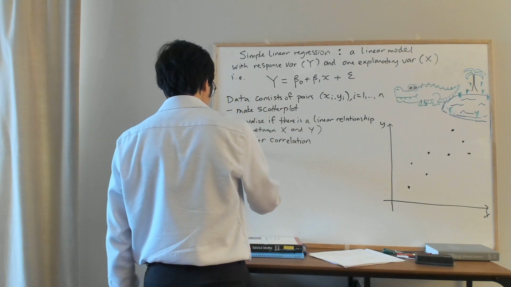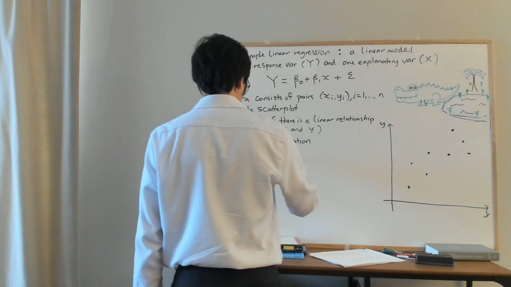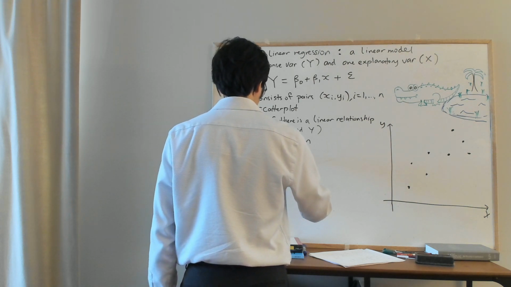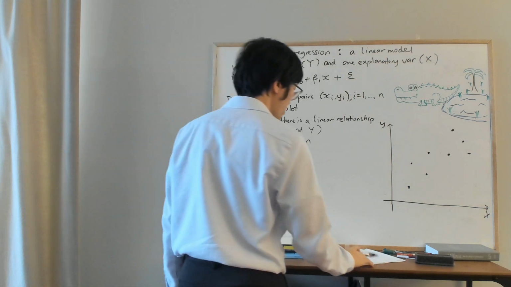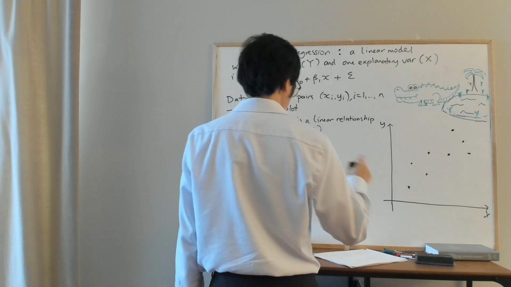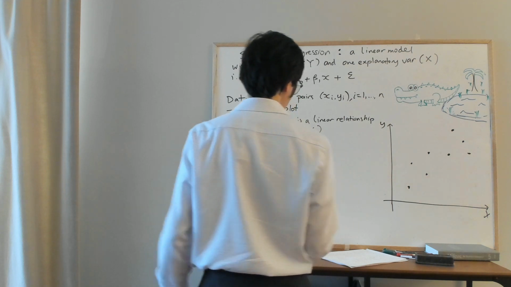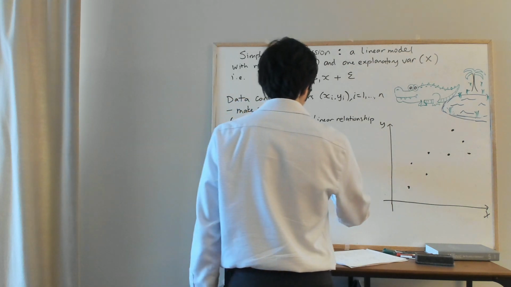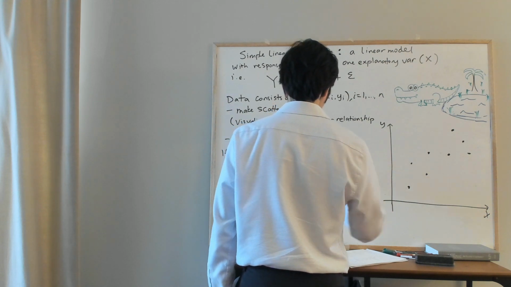If x and y are random variables, then the correlation is defined with this formula. The usual notation for the correlation coefficient is rho. So that's the correlation between x and y.